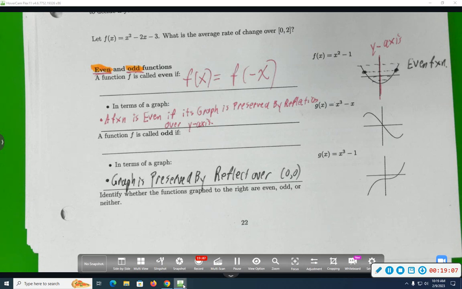The x value becomes negative and the y value becomes negative. So an odd function is a function which has the property that when you make the input negative, the output becomes negative.